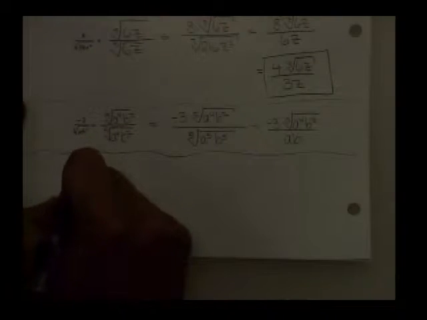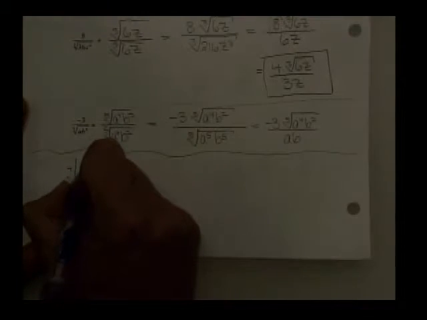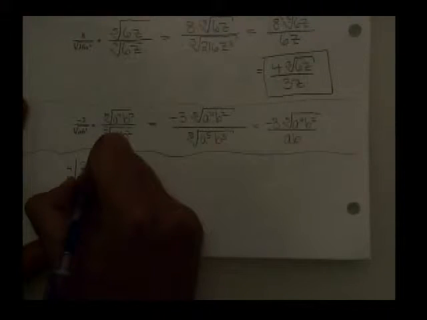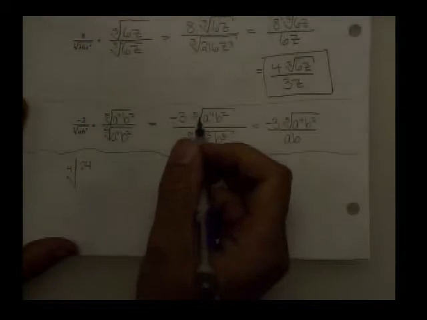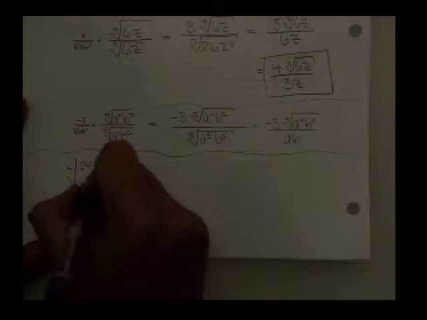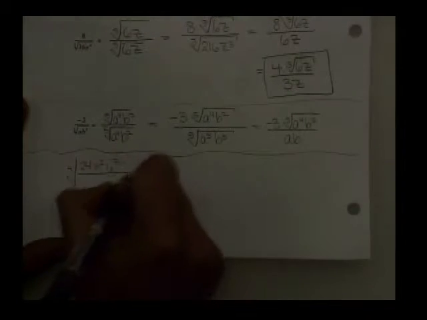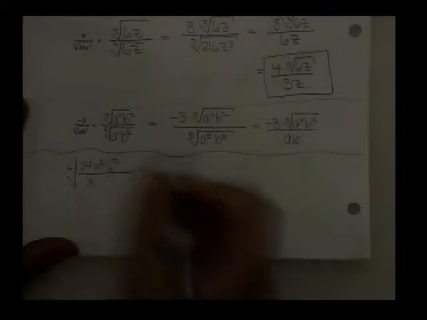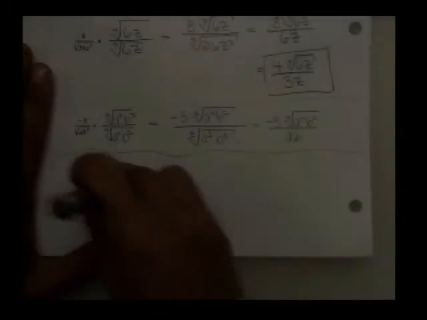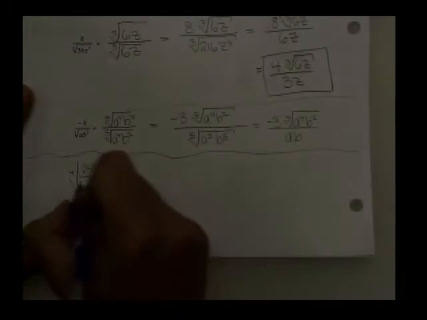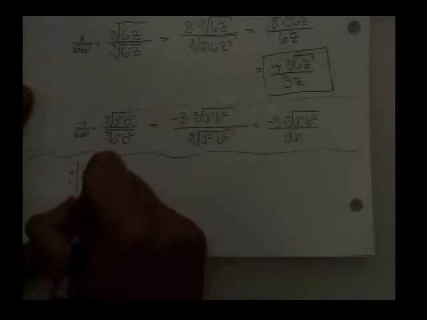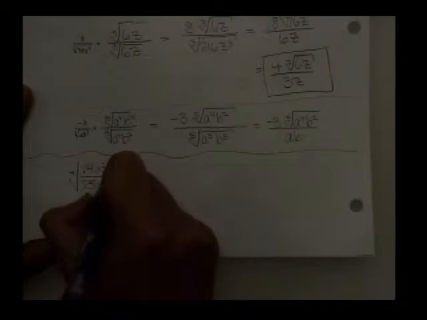Let's do the fourth root of 24 x squared y cubed over 25 x to the 7th y.